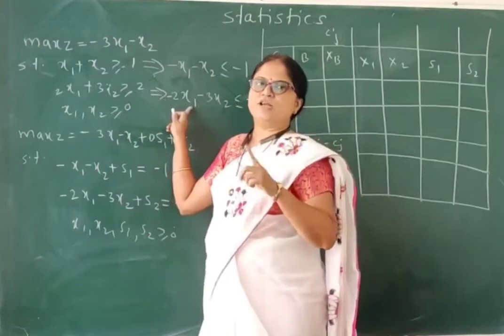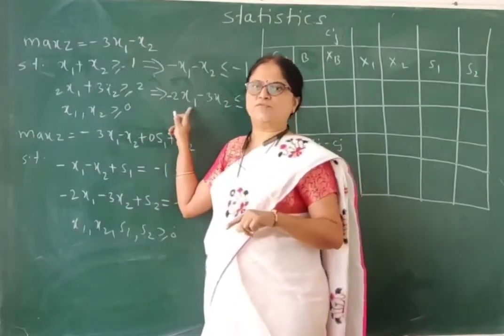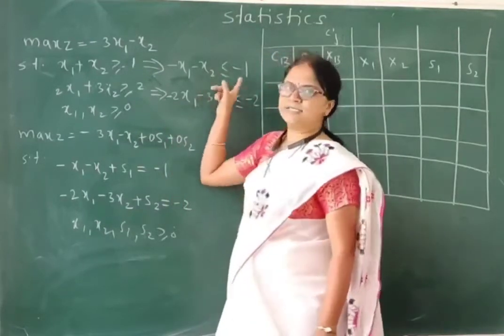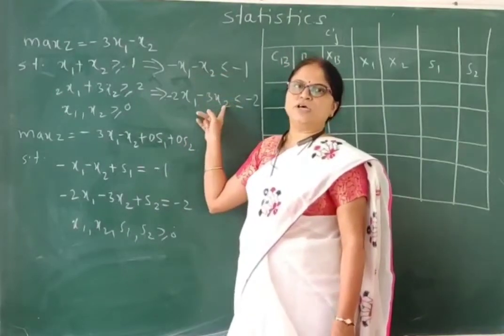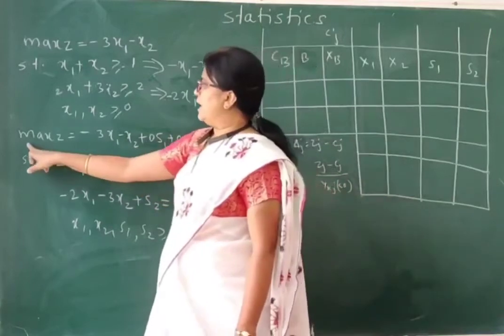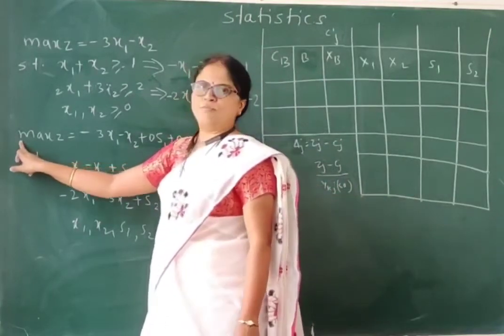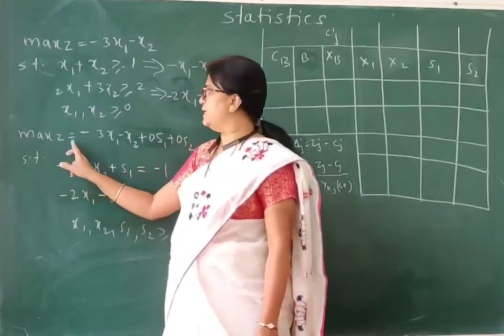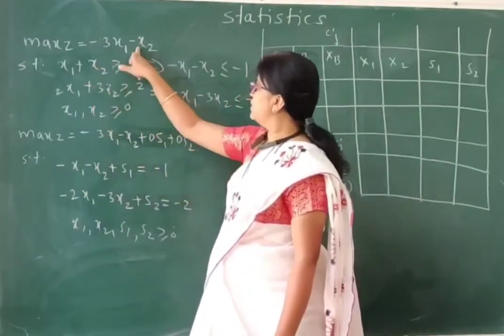So let me transform these to standard form. Since the inequalities are less than or equal to type, we are introducing slack variables. So my objective function becomes maximize z equal to minus 3x1 minus x2.